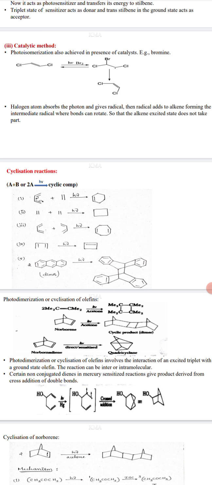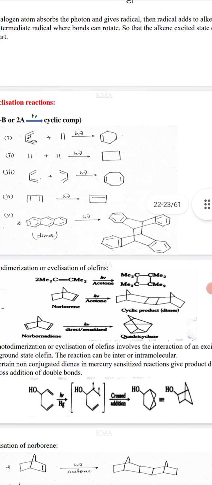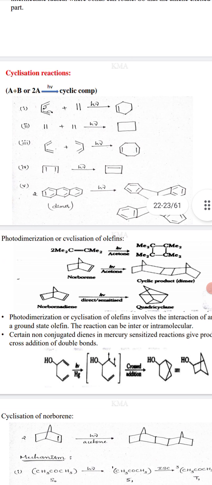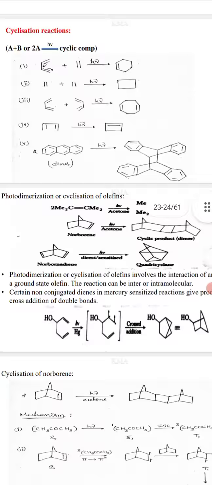So here you can see in the reactions, norbornene, when it absorbs light in presence of a sensitizer, gives rise to an acyclic product, which is a dimer.